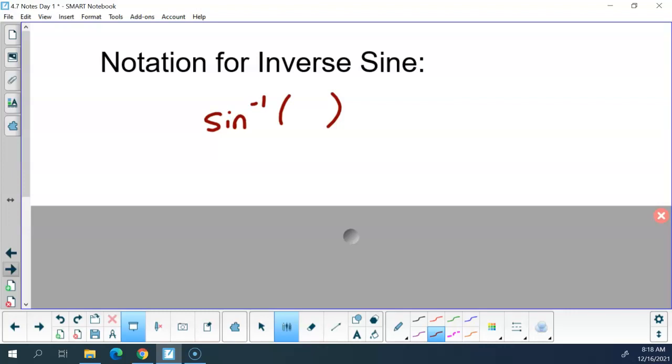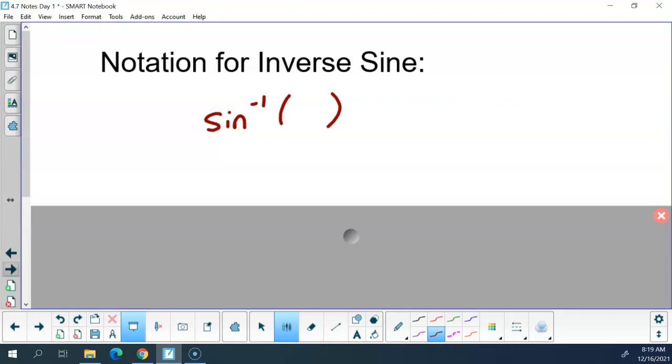And what comes out? Just a number. So now what goes into an inverse one? The number goes in, what comes out? The angle measure. So inverses are used to find angles.